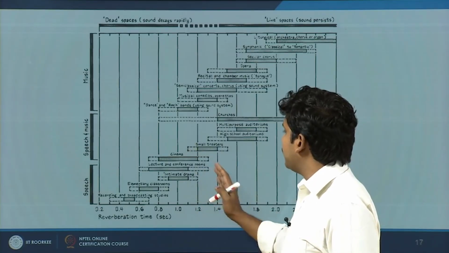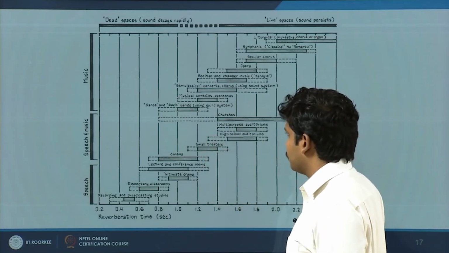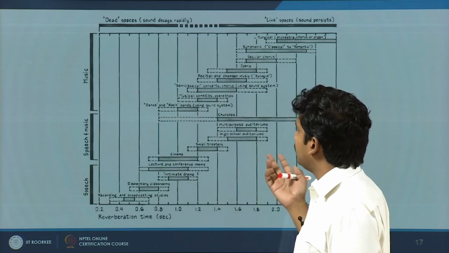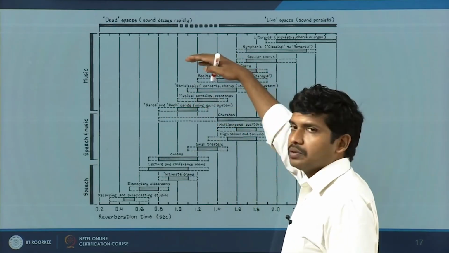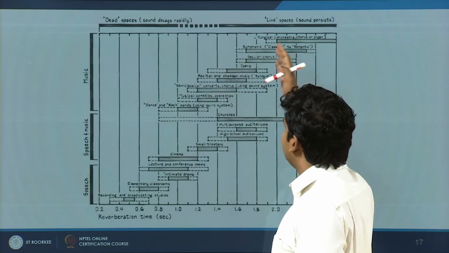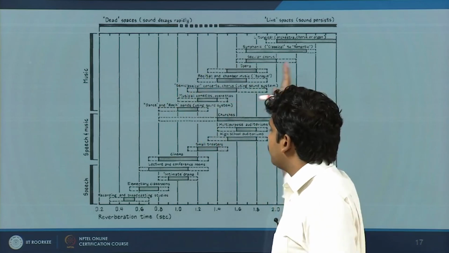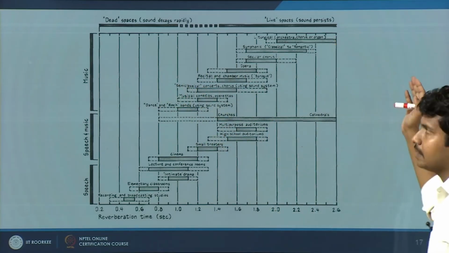Then you will expect somewhere between 1.4, 1.5, it can go further higher also. It depends on what type of speech and music performance or instruments are used. Then specifically for music theatres, orchestras, opera houses, you will essentially find reverberation times ranging from 0.8 or 1 second all the way to 2.5, 3 seconds.